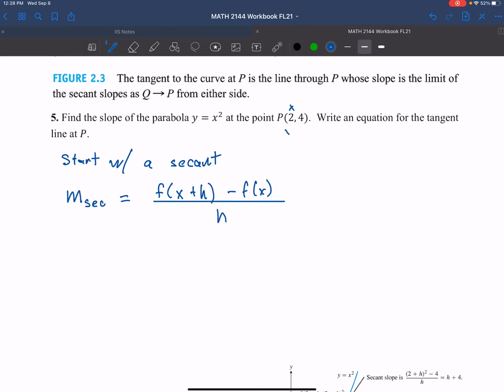But here, x is equal to 2. You have some options. You can plug it in now or plug it in later. I'm going to plug it in now, since it makes the algebra a little cleaner. So it's f of 2 plus h minus f of 2, divided by h.